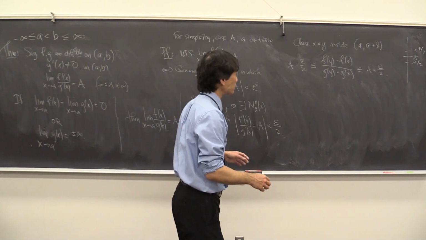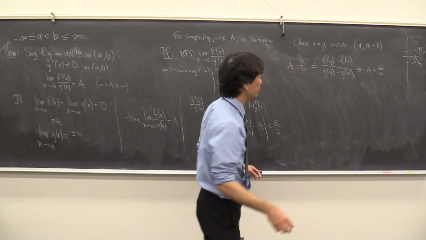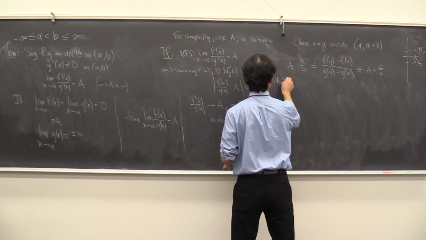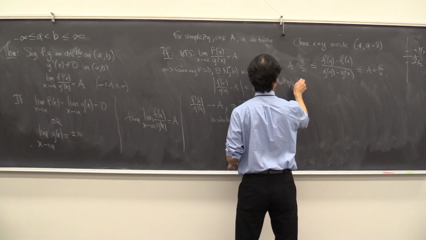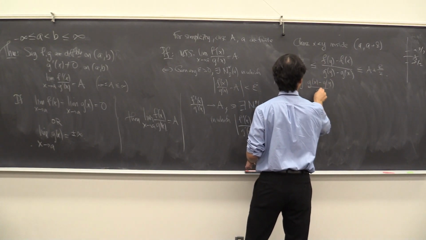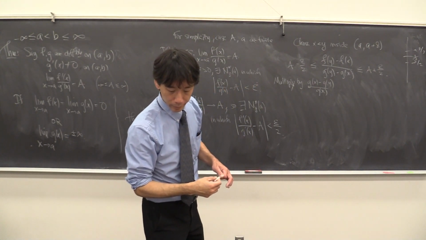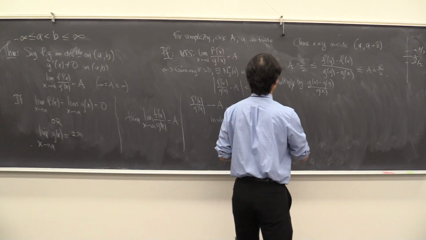So multiply by g of x minus g of y over g of x. What do we get?